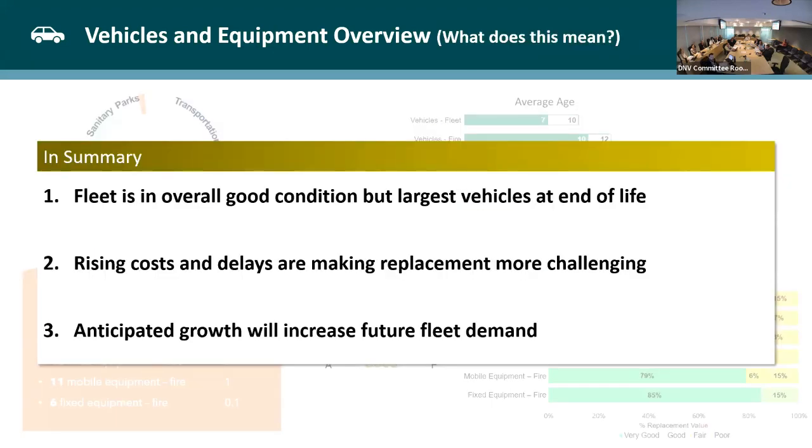Now, some key takeaways for you: generally speaking, our fleet is currently well maintained and it's rated as good. That's really due to regular inspections, preventative maintenance, and our defined replacement cycles. The second element is that this asset category is particularly susceptible in recent years to rising costs and long lead times. So think of inflation, tariffs, supply chain delays, exchange rate issues.